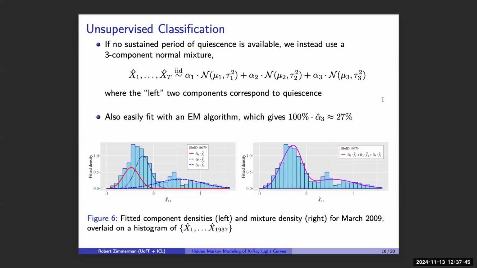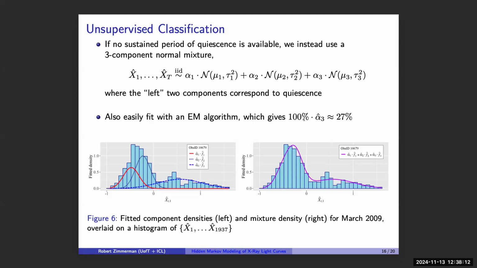Finite mixtures of Gaussians are a classical application of the EM algorithm, so that's very easy to fit as well, and you can see the results in figure 6. On the left, we have the individual component mixture densities F1, F2, and F3 multiplied by their fitted mixture components. On the right, we have their sum, which is the total mixture distribution.